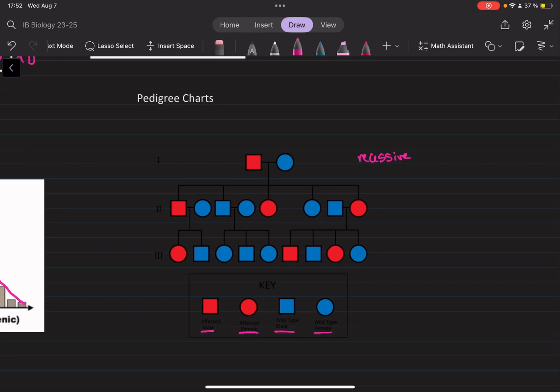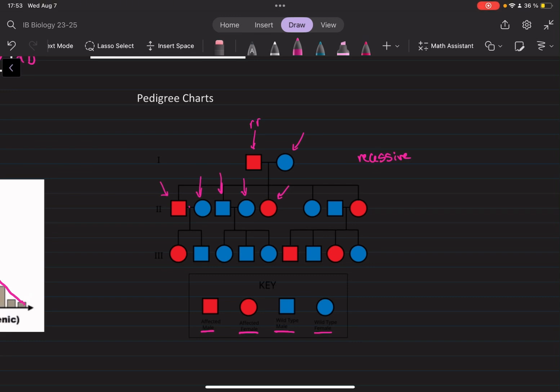That affects the thing because this person is affected, however, this person isn't. And they create children where only two of them are affected, but three of them aren't. So this person must have two recessive genes for it, because if it was a dominant gene, then these three children would also be affected by it. So they must have the recessive. Let's just label those r.